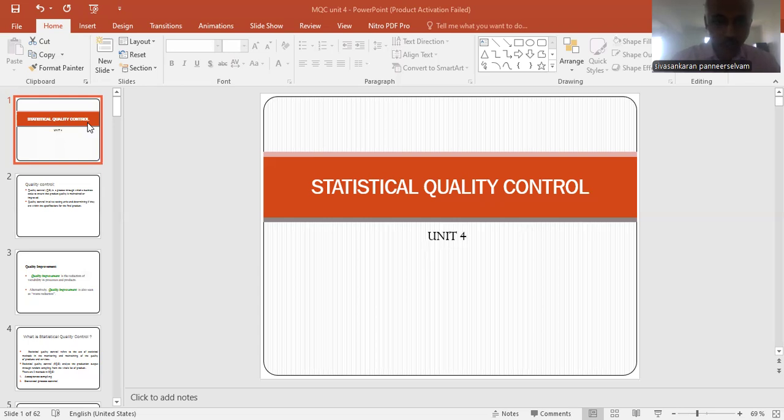Then sampling importance, the different types of quality sampling, how we can categorize the various types of sampling plans, single sampling and double sampling plan. Then what is AQL, acceptable quality level. So these are the topics we are going to plan in unit 4.